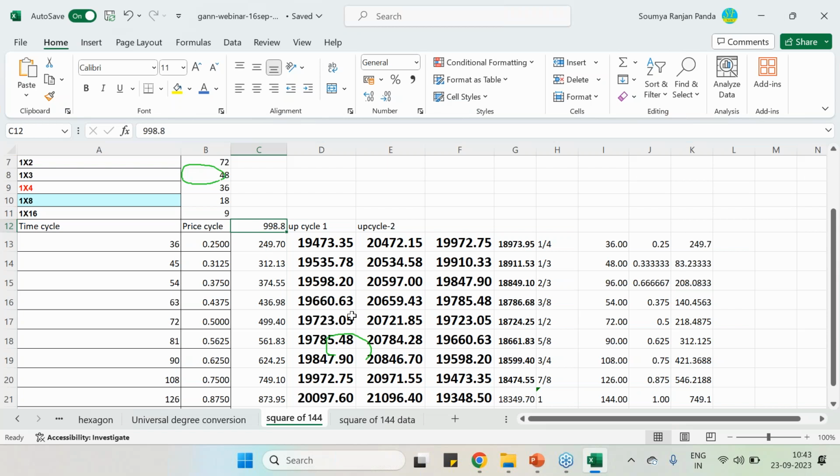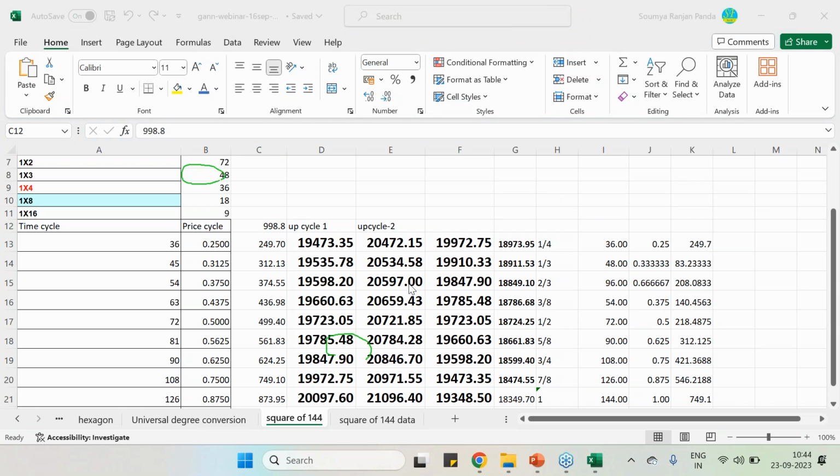For the August price range, you can take the August low and August high and forecast for September, or look at how retracement is happening. I have shown you how Ram Kumar ji is tracing month on month, and nicely he is achieving those targets, as you have seen. So this is the square of 144 part, and it is over. Now we will find out one small concept.